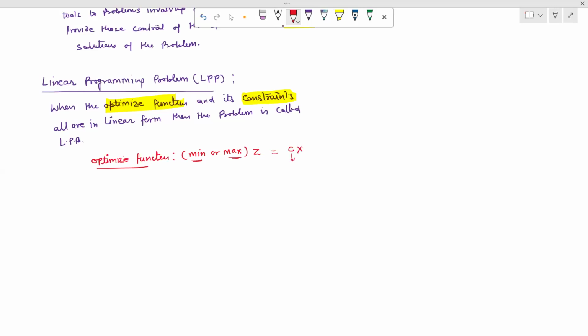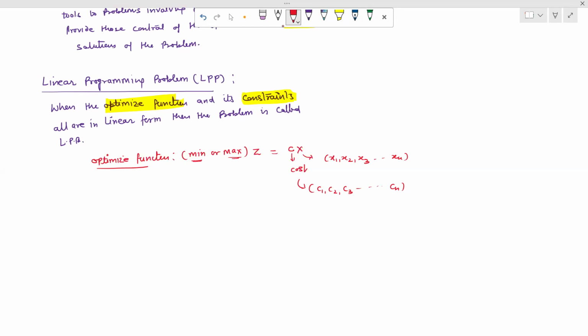Here C represents the cost and x represents the variables, that is x1, x2, x3, up to xn. Similarly, the costs for each variable are C1, C2, C3, up to Cn.